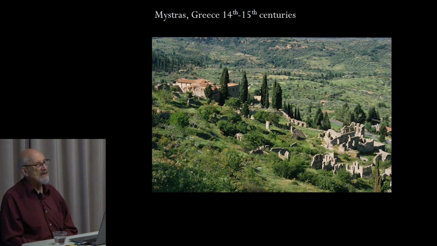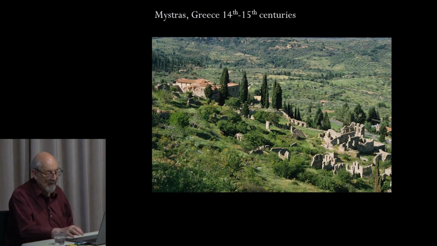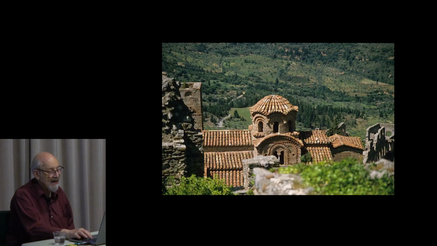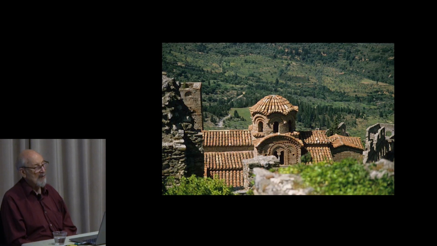You go over the Taygetus Mountains, and then you come down to this beautiful green space where there was a kingdom in the 14th and 15th centuries that built many churches here and a palace and presumably houses which have somehow disappeared. But this is just one of many places that you could go in the Eastern Mediterranean and enjoy Byzantine architecture.